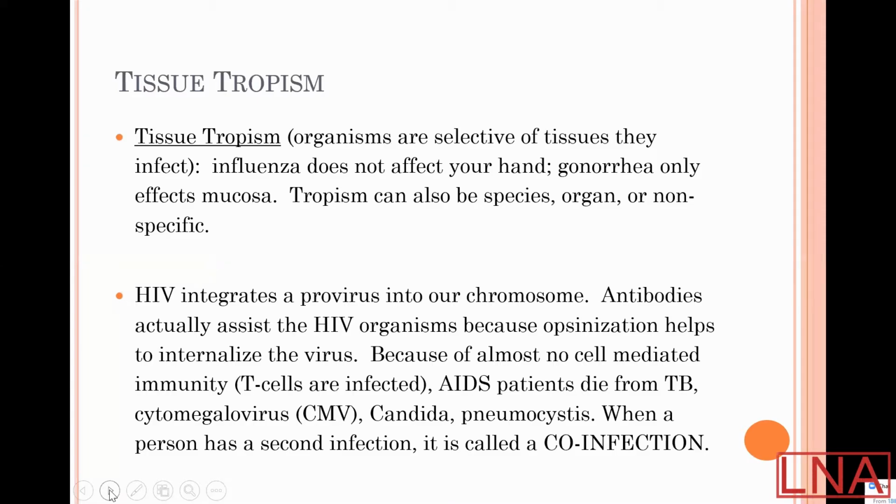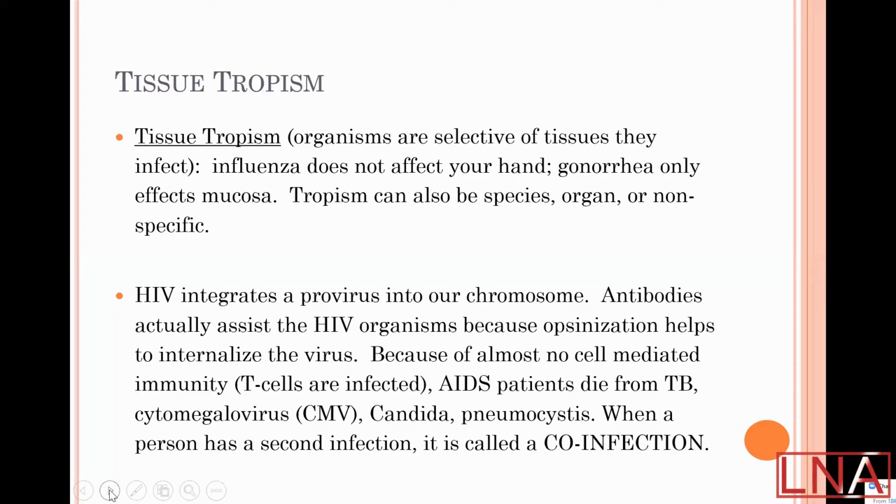HIV integrates a provirus into our chromosome, and antibodies actually assist the HIV organism because opsonization helps to internalize the virus. There is almost no cell-mediated immunity, because T cells are already infected. AIDS patients die from TB, cytomegalovirus, candidal infections or pneumocystis infections, which are fungal infections.